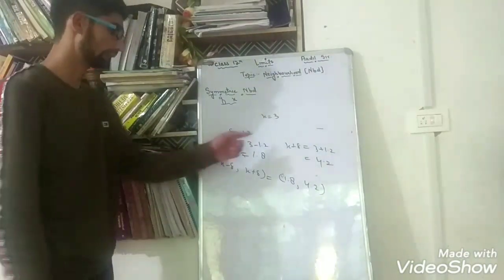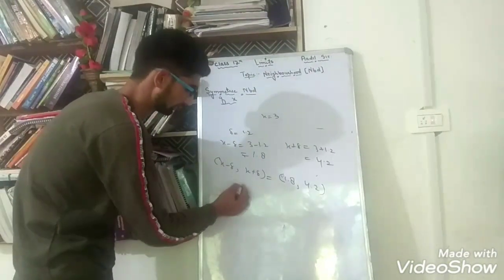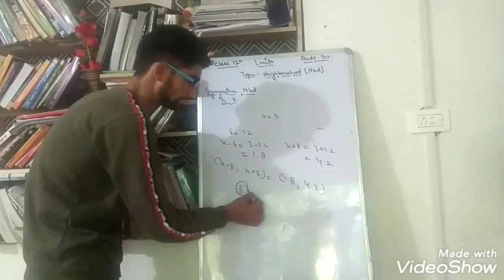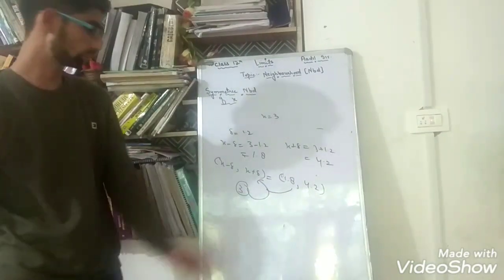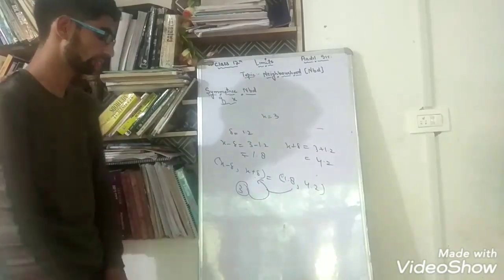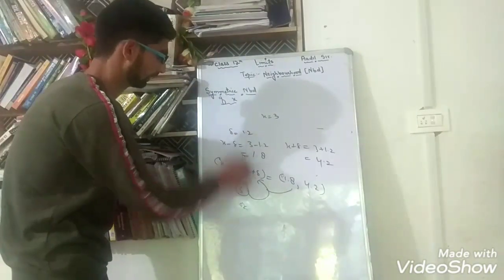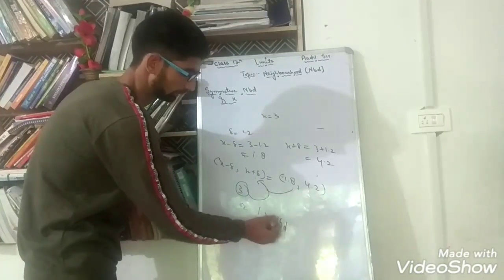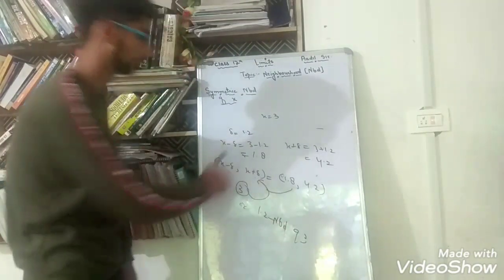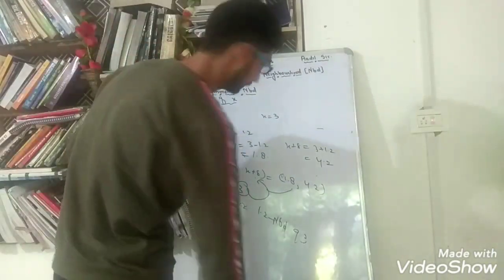So that means this 3 has a symmetric neighborhood equal to (1.8, 4.2). This is the symmetric neighborhood of 3, or we can say that the delta 1.2 neighborhood of 3 is equal to this.